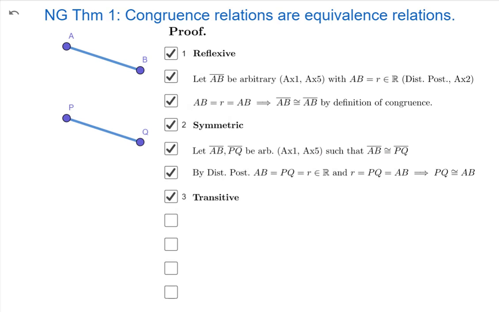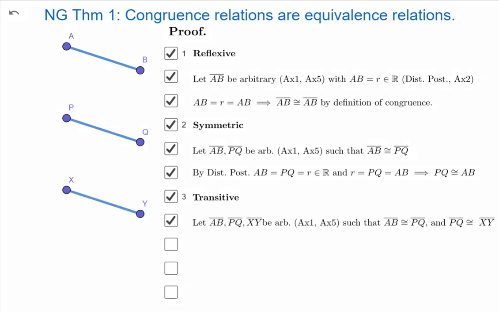Now, this one is a little different. Notice that here I am going to take 3 lines to be arbitrary. I need to show that if segment AB is congruent to segment PQ and segment PQ is congruent to segment XY, then AB and XY are congruent to each other. Now, I will point out that our axioms don't say that there are 6 points in the geometry.